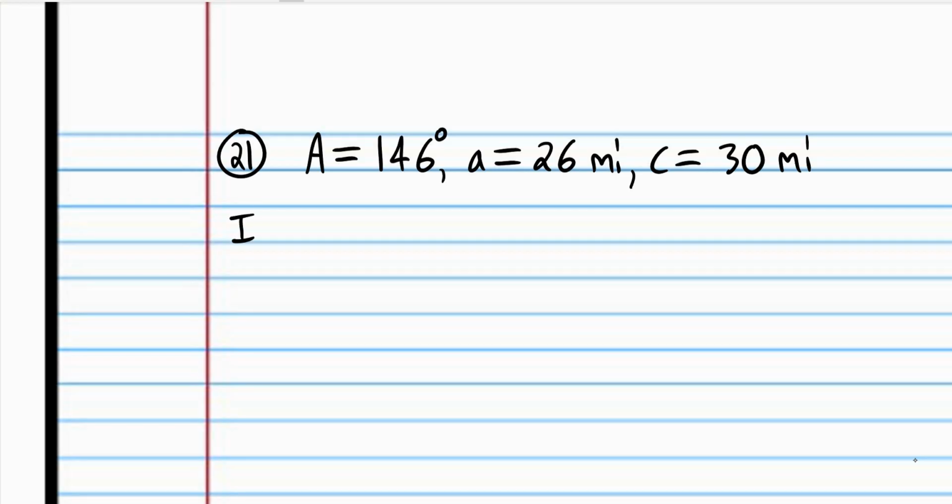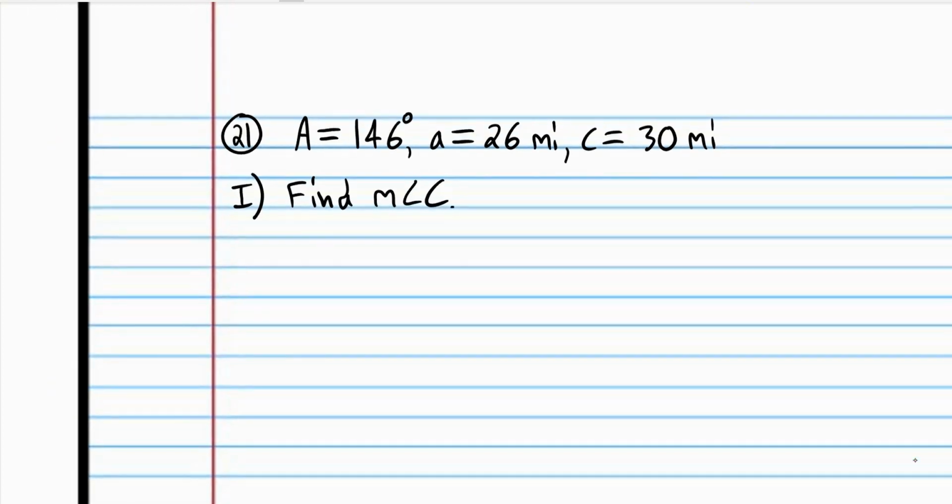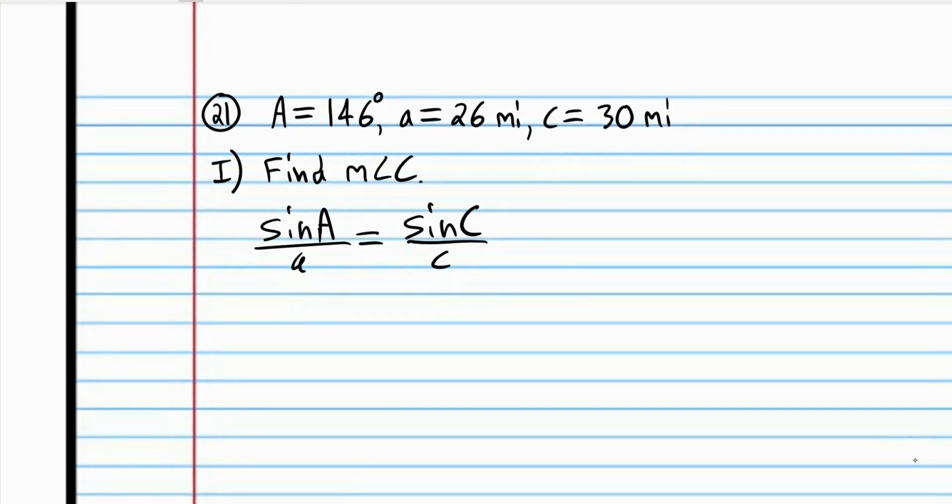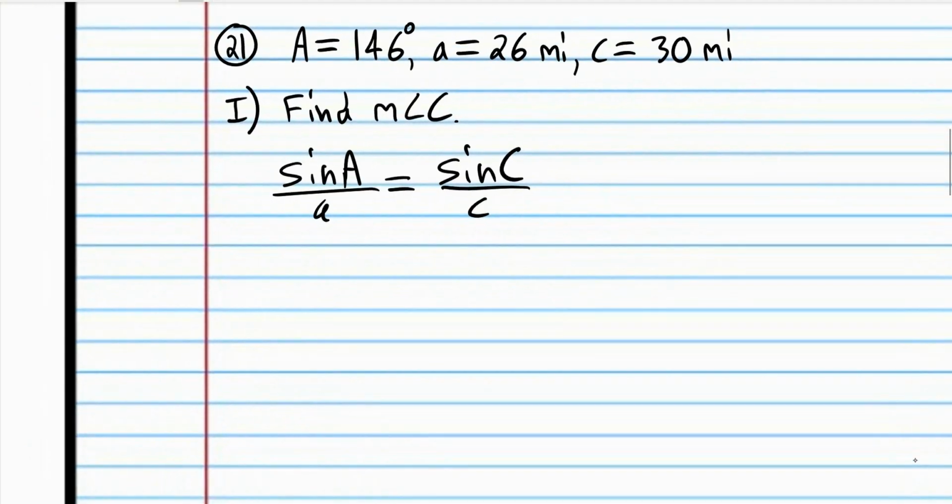Okay, so we're going to try to find the measure of angle C using the law of sines. And again, whenever you use the law of sines to find the measure of an angle, you have to consider the possibility that the triangle may not exist, or your calculator will give you the wrong number, or there may be two triangles or one triangle possible.